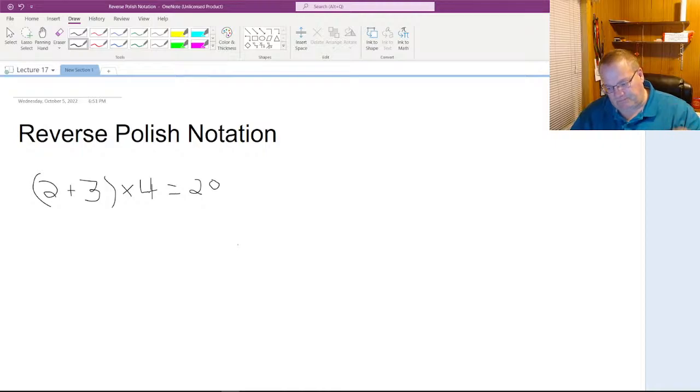All right, so the issue is the computer at the base level, remember, can only read in one character at a time. It can't process the whole thing at the same time. It can only look at a single character.